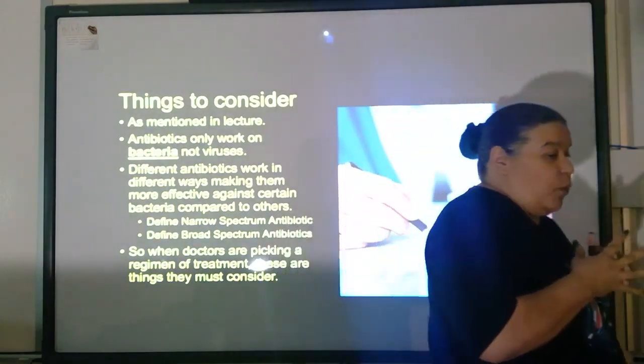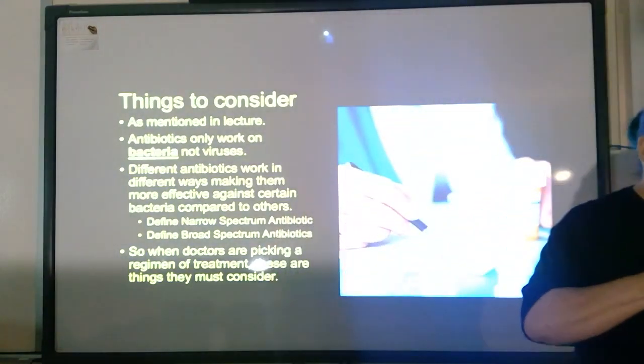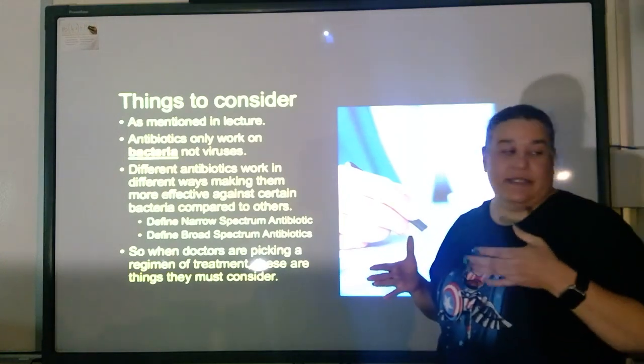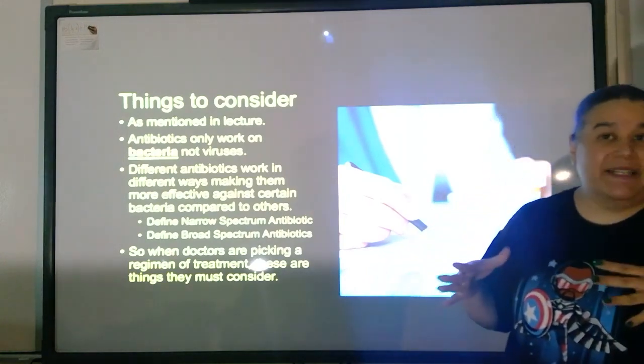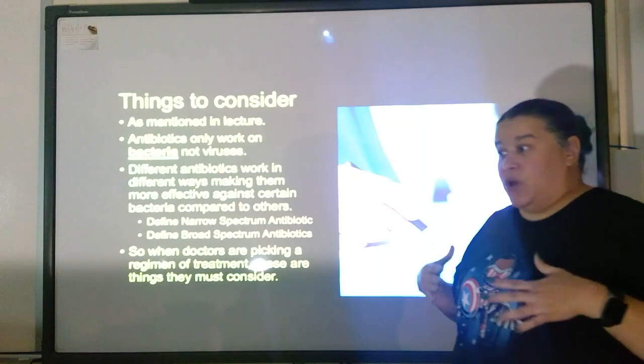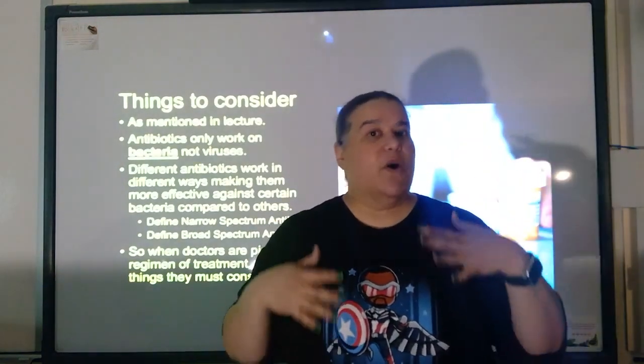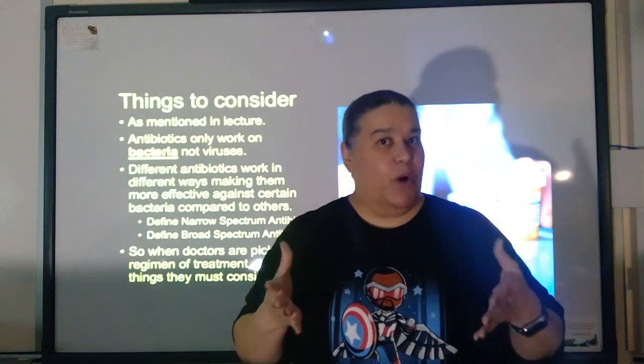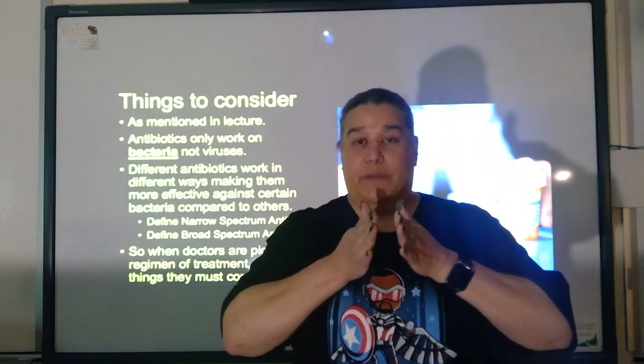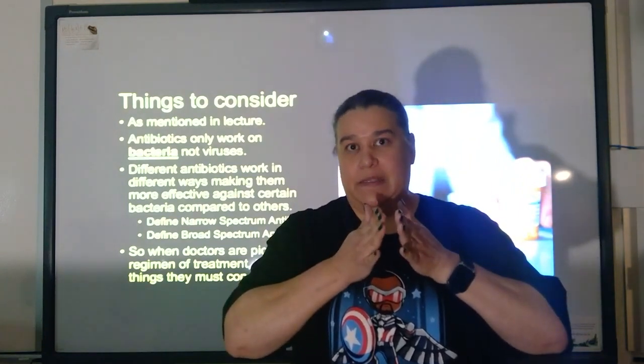Isoniazid is one type of antibiotic, but it is only effective against mycobacterial species. So if you're trying to treat something that's gram-negative or gram-positive or something else, it may not work because it is very narrow spectrum. It only works on this one species.